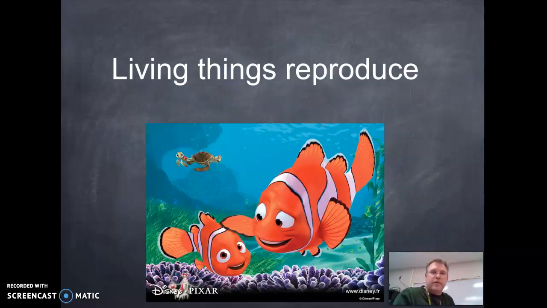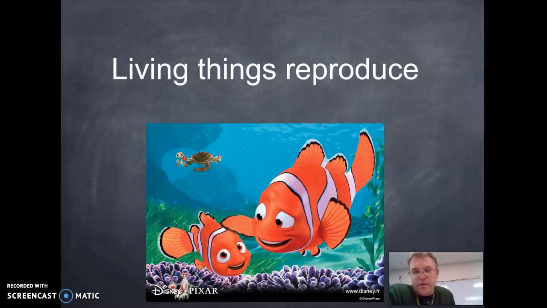Next characteristic of living things is that living things reproduce. Okay, we've got Marlin and Nemo there. We had a big clownfish. Now we have a little clownfish. We have more clownfish. Every single living thing has to be able to reproduce on its own. There are some things that kind of act like living things, but they require a host to be able to reproduce, like viruses.